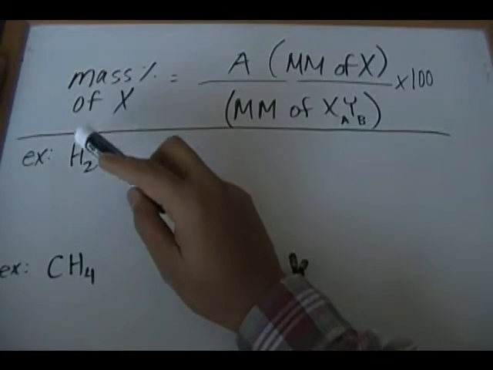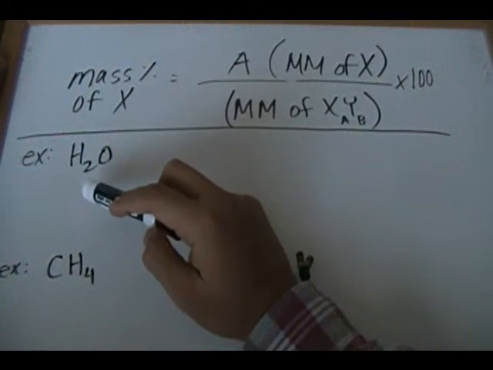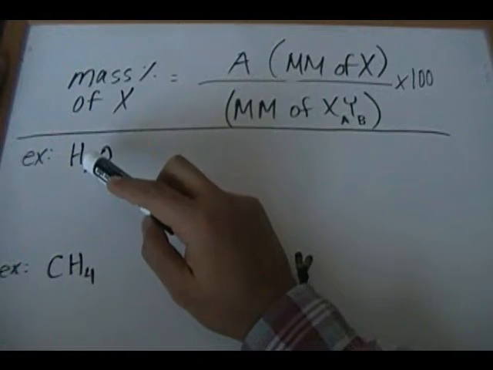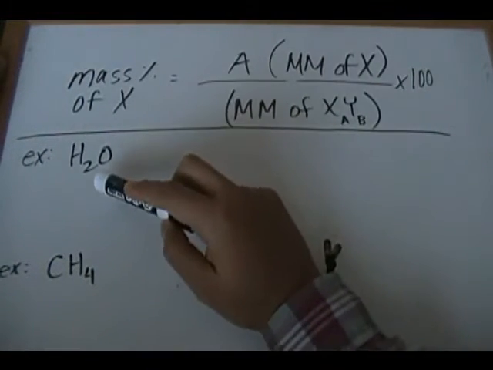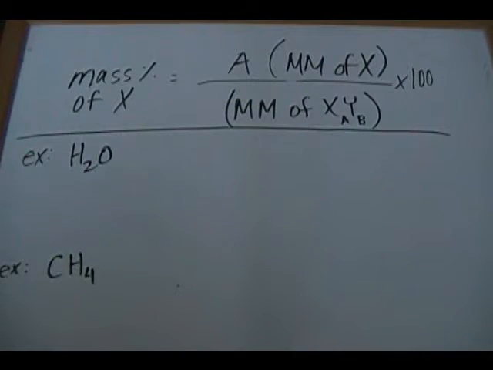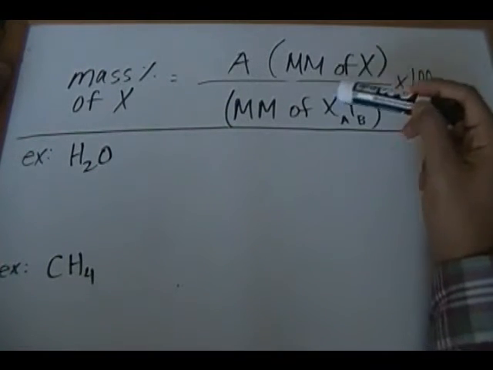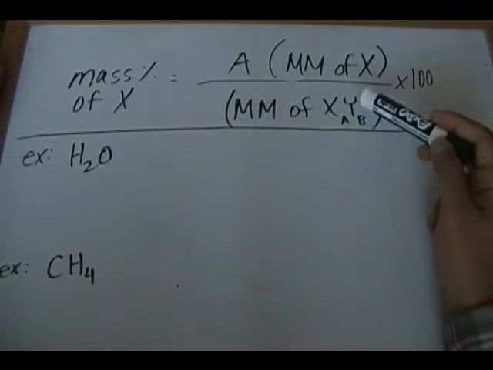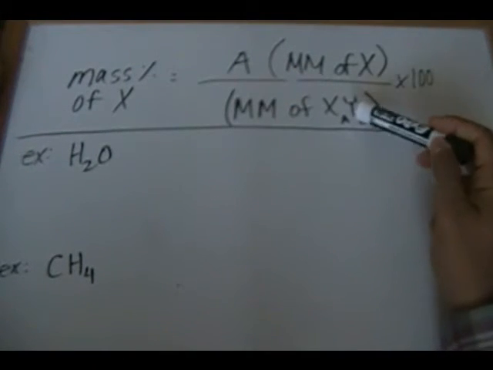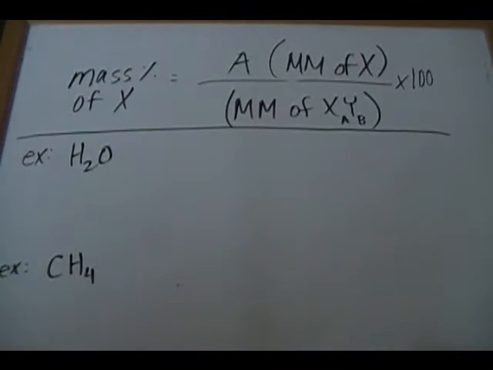So if we're trying to figure out the mass percent of hydrogen in H2O, the A in that case will be the 2. So you guys should be able to see it. If we're trying to figure out the mass percent of Y, for example, this A will be replaced by a B, which is a subscript referring to Y. Okay, so that's what you need to understand.